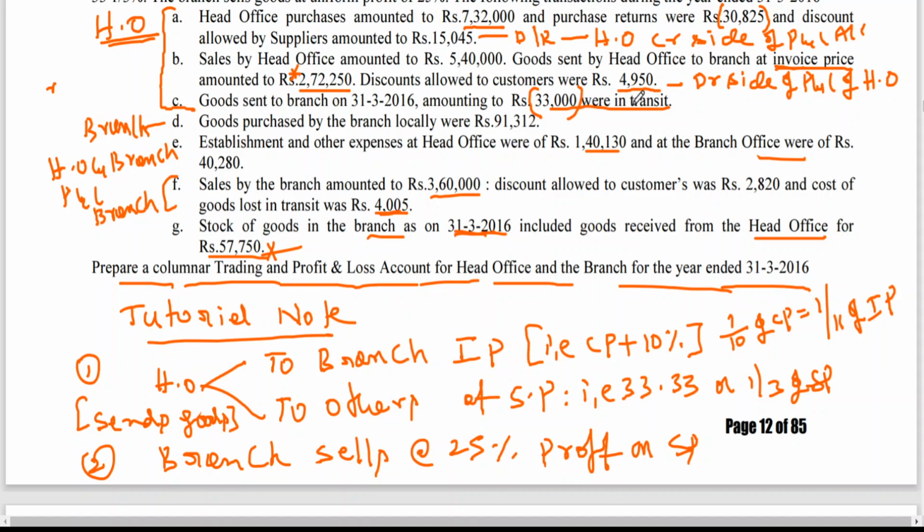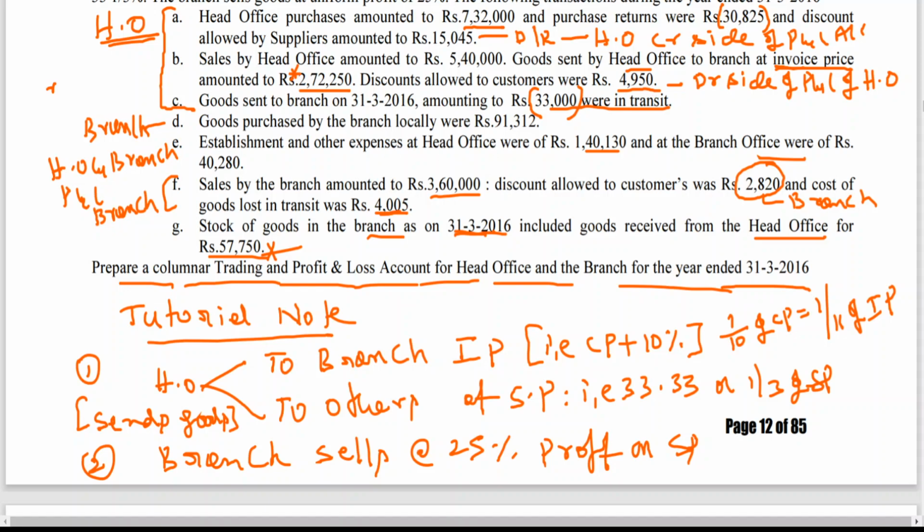The discount allowed to customer goes to the P&L account of branch for sales by branch, and the other goes to the P&L account of head office. Clear to all of you?